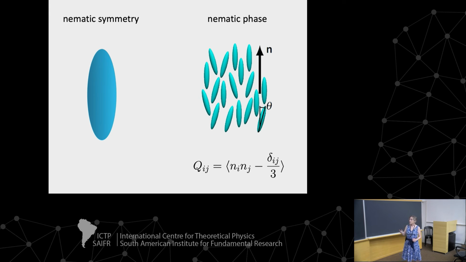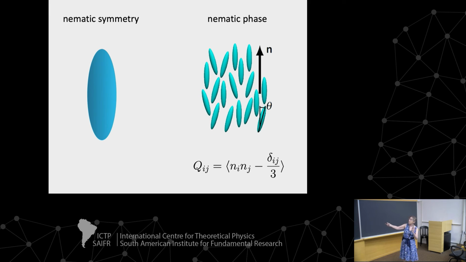At high temperatures, molecules will point every which way, but if you cool them down or push them together, they tend to align in this nematic phase. The nematic phase is one where the molecules tend to all point in the same direction, so there's orientational order.